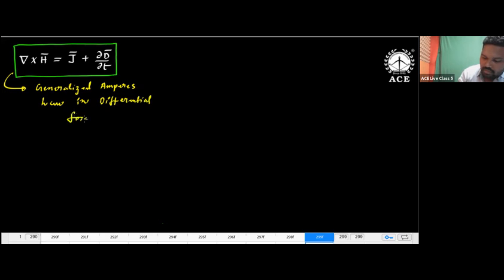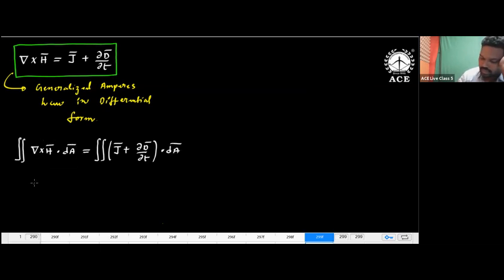Now what I'll do, I'll apply surface integral on both sides. Surface integral of del cross H dot dA, which is equal to surface integral of J plus dou D by dou T into dA. The curl under the surface integral is nothing but a closed line integral.